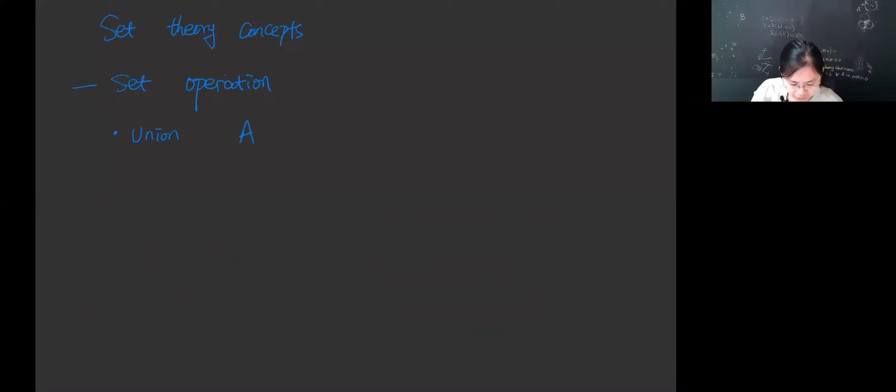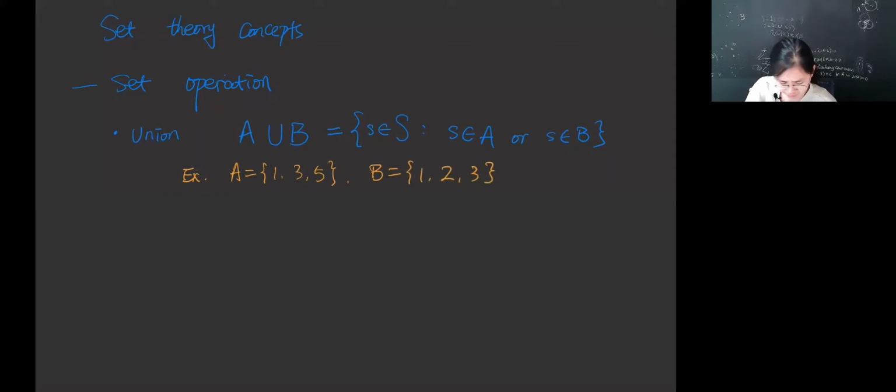Suppose that A and B are two events, then the union of A and B is another event, which is the set of all the outcomes in the sample space such that either little s is in A or little s is in B. Example, suppose A is 1, 3, 5, all the odd numbers coming out of the dice rolling experiment, and B equals 1, 2, and 3. Then A union B would be 1, 2, 3, and 5.